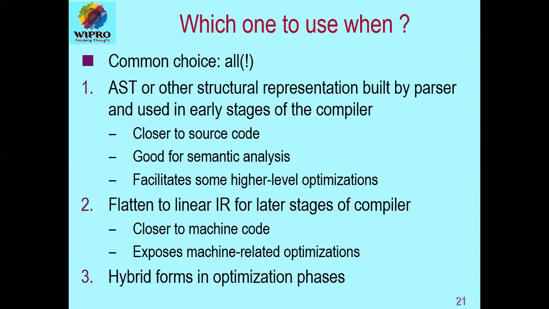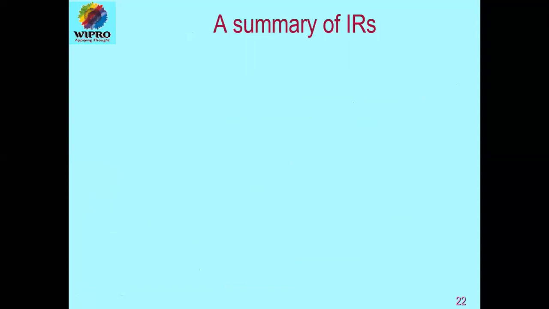So initially we'll build the abstract syntax tree or directed acyclic graph, and later, so as to represent all other programming constructs, we'll use linear IRs. Okay, and the hybrid forms are used during optimization. As I told, we construct the basic blocks and control flow graphs so as to identify the control flow and optimize the blocks, and optimization can also be iterative, right?